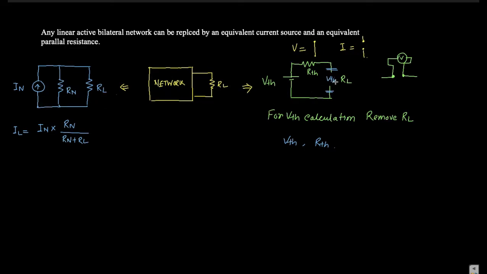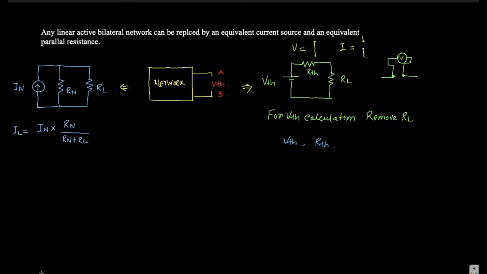For Thevenin's we remove the load resistance RL over here, then find the VTH from it. If you connect a voltmeter across the two terminals A and B, you get the voltage across A and B, which is nothing but VAB, or the VTH. This is the VTH part.